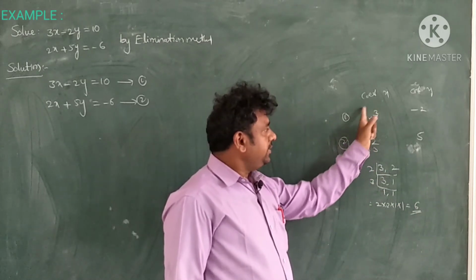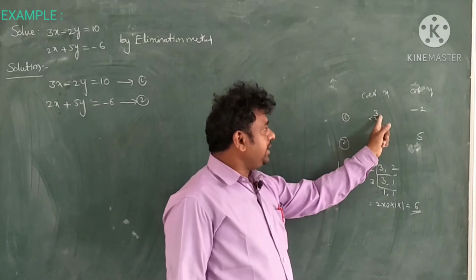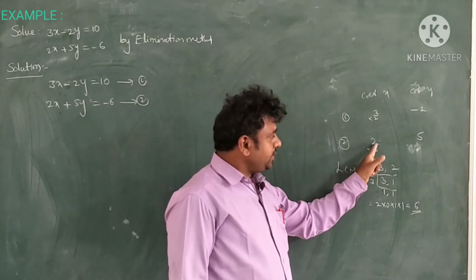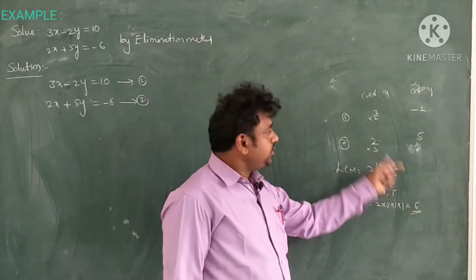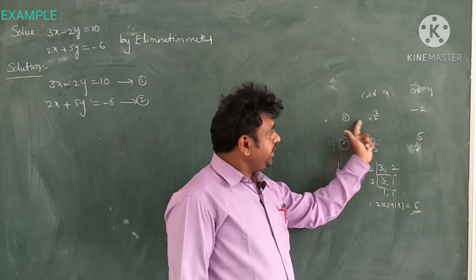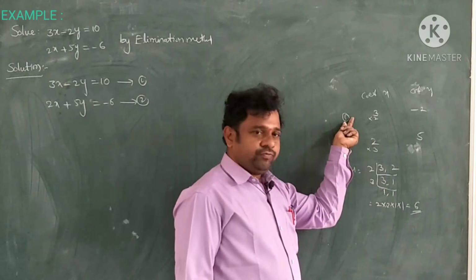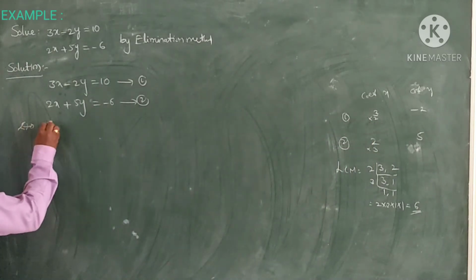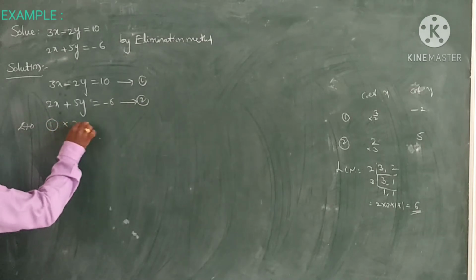For this, we multiply 3 by 2 to get 6, and we multiply 2 by 3 to get 6. So first, we multiply equation 1 by 2.